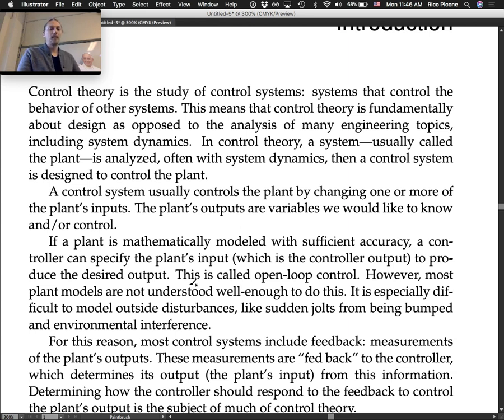However, most plant models are not understood well enough to do this. It is especially difficult to model outside disturbances like sudden jolts from being bumped and environmental interference. These are things that are hard to have control of in your process. An example would be controlling the speed of a motor based on the voltage you apply to the motor.